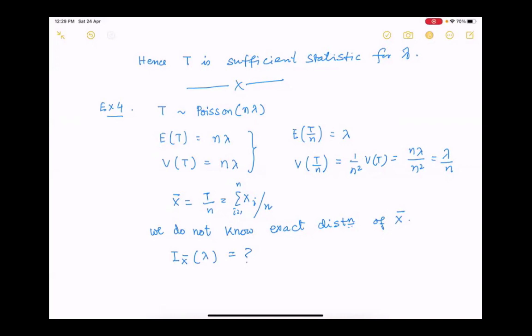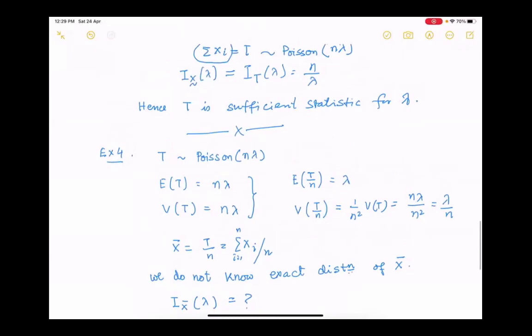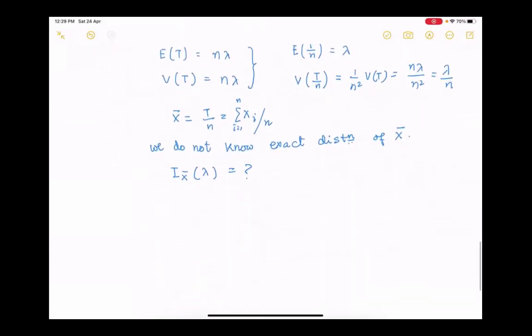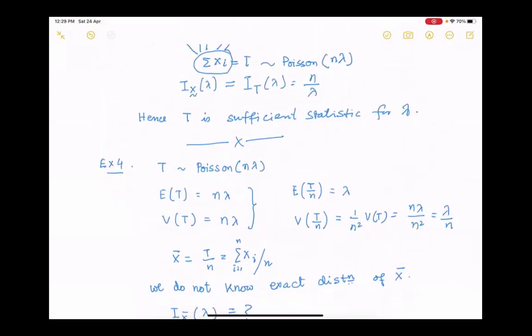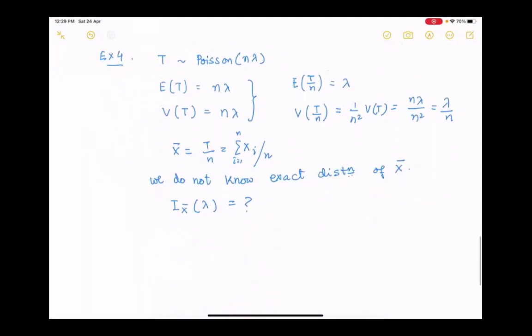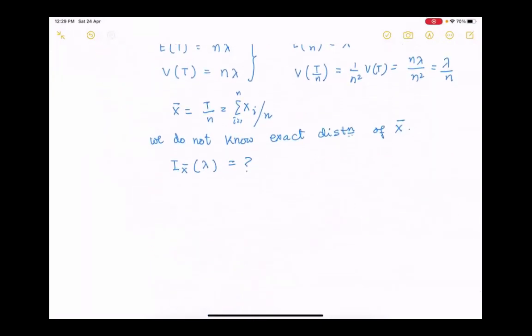In this case, the problem is I do know that the Fisher information of lambda is n by lambda. And turns out X bar is my unbiased estimator, but I don't know the exact sampling distribution of X bar. Therefore, I cannot directly compute the variance or the Fisher information of X bar.